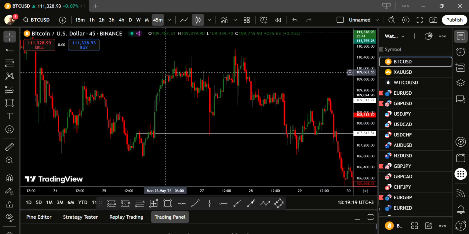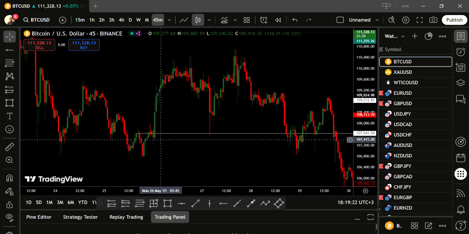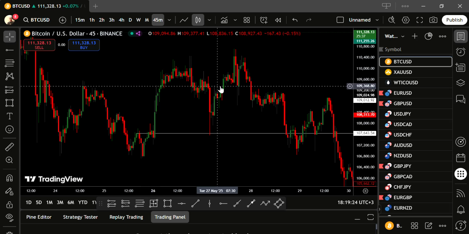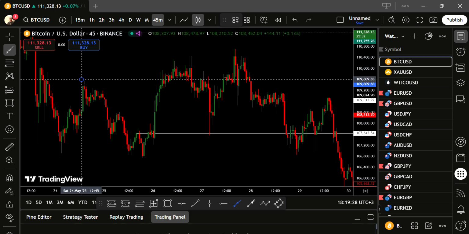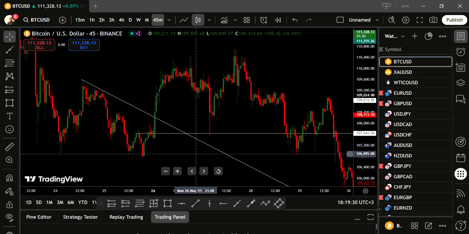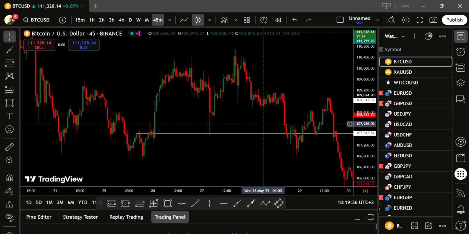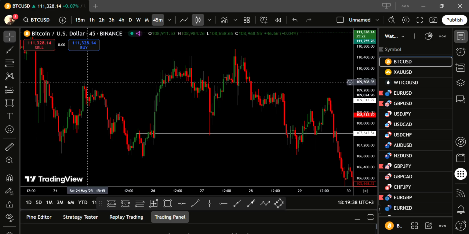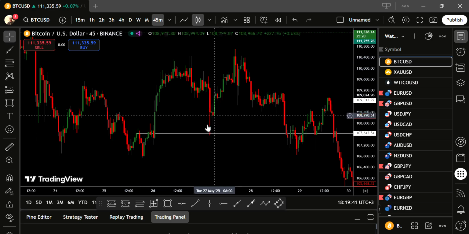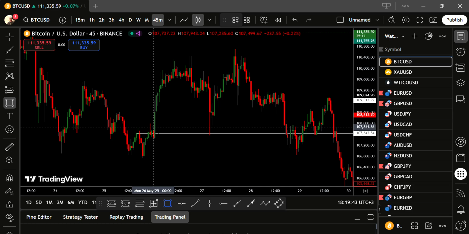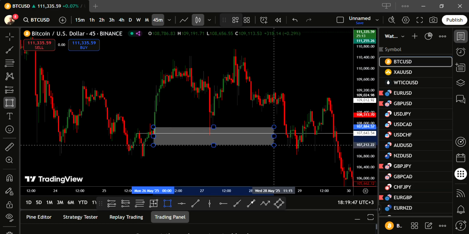It shoots to the upside, breaking this trend line here, breaking this structure, making another higher high. This trend line was broken here to the upside, broke this structure also to the upside, made a high and left a demand zone. So you mark this demand zone, mark the demand zone very well.